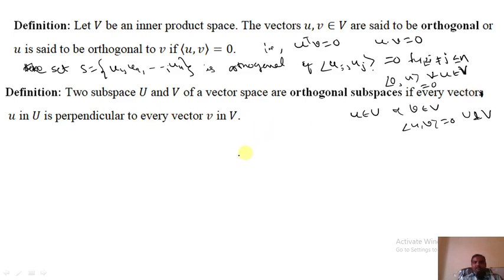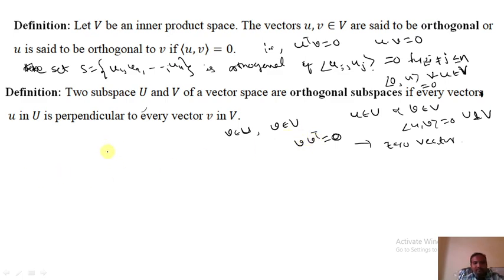In a subspace, suppose the same vector v belongs to U and the same vector v belongs to V. The same vector being orthogonal to itself means v transpose v equals 0. When is that possible? It must be the 0 vector itself. Since this is a subspace, the 0 vector must be there. The 0 vector is orthogonal to every vector, and a vector orthogonal to itself must be the 0 vector.